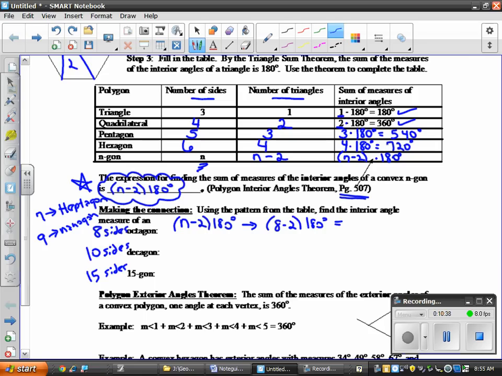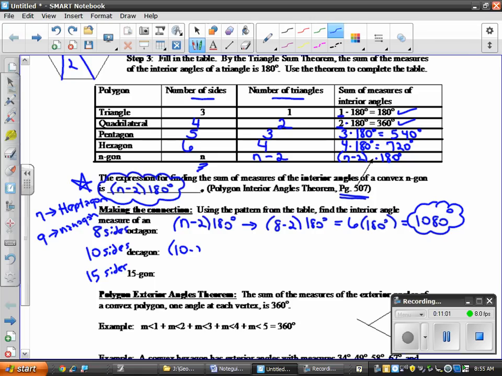And so 6 times 180 degrees is going to equal 1080 degrees. So if you add every single angle inside of that octagon, no matter what the octagon looks like, it's going to be 1080 degrees.